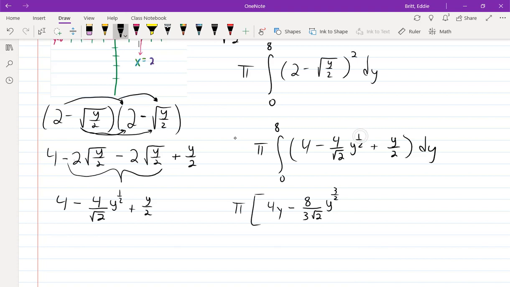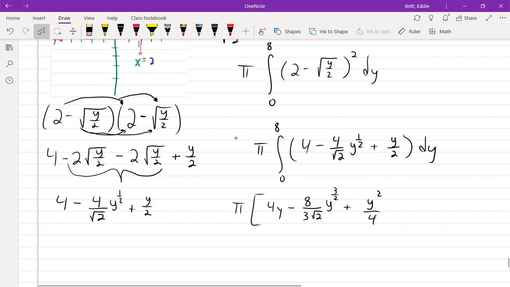So add 1 to the power, divide by the new power, and that's what we get, the constant in the front. And then we're going to do the same here. Add 1 to the power, so it will be y squared. And when you divide that by 2, it's not 2 divided by 2. It's like 2 times 1/2, or 1/2 times 1/2.